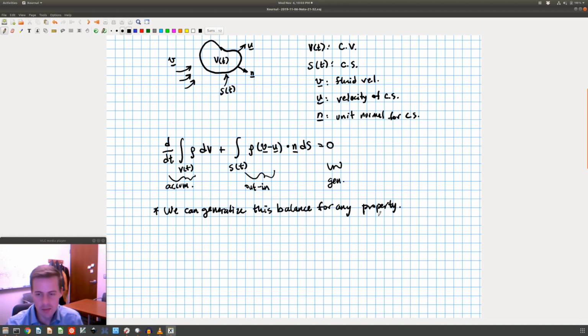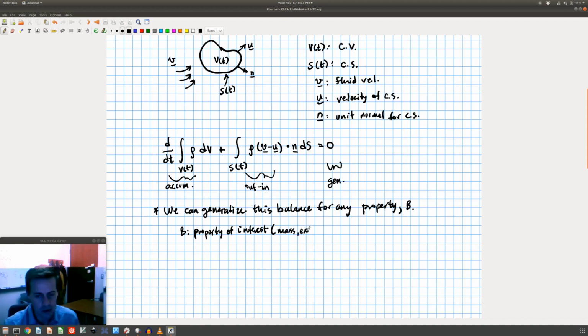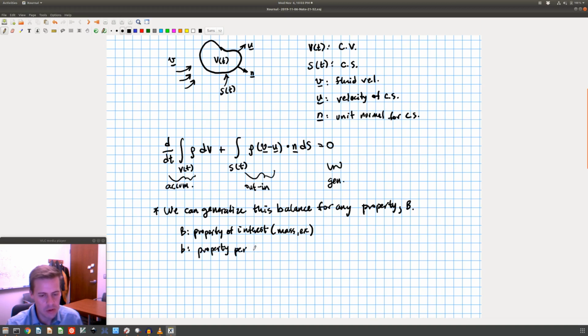Okay, and I'm going to say that my general property is B. Okay, so what I mean by that is B is some property of interest. It could be, for instance, the mass, as an example. Okay, and I'm going to say that little b is the property per unit volume. So this would be, for example, the density.